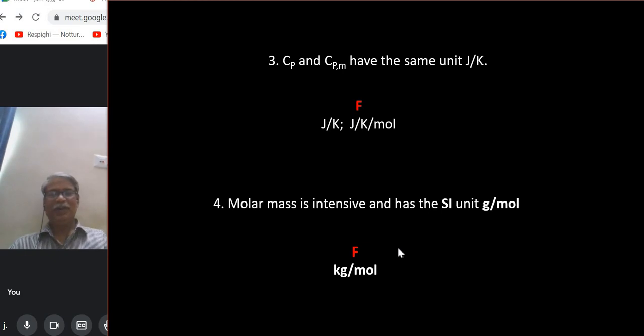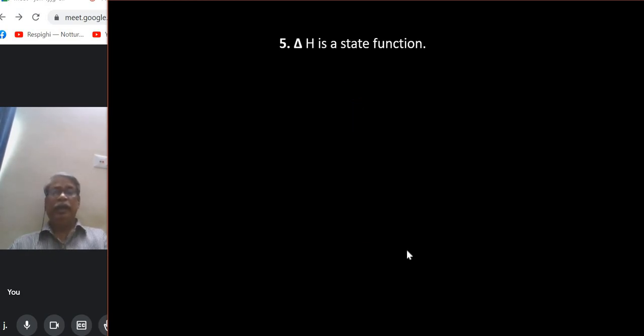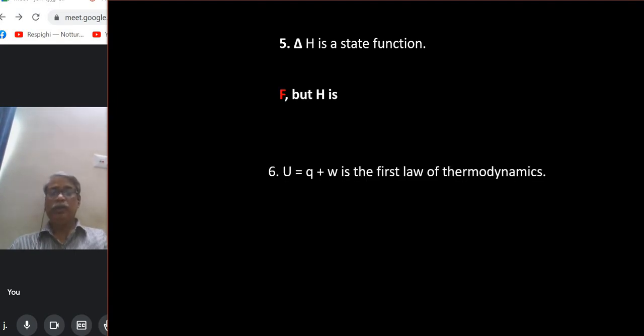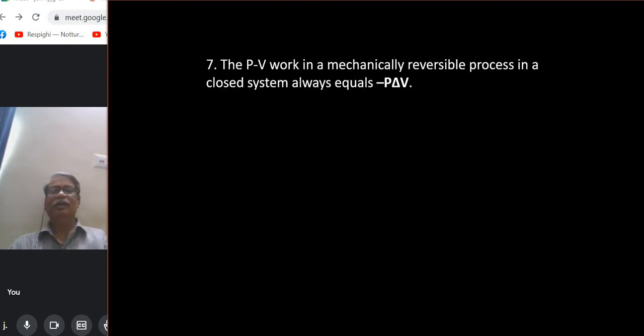So it's a tricky part of the question, and the statement is false. Delta H is a state function? No, H is a state function, right? U equals Q plus W, as in the first law? No, really not. It is delta U equals Q plus W, right? So these are the tricky parts.